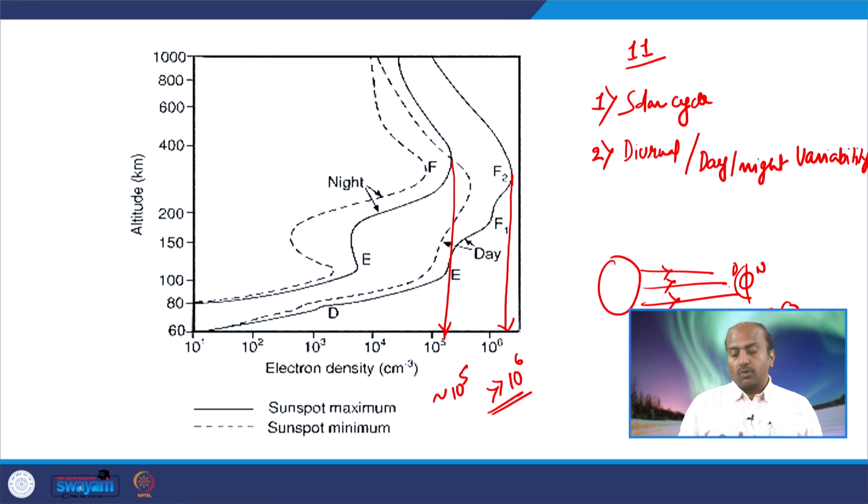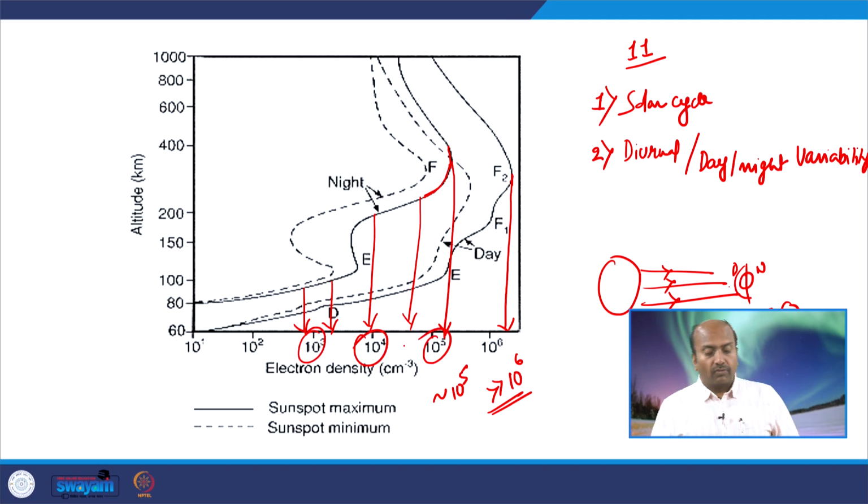So now the obvious question which should have come to your mind is: during the night time there is no sunlight, so why is there ionosphere during the night time? Even if you take this curve, any intercept at any height onto the x-axis will give you positive values of electron density, which are not very, very small, which are of the order of 10 to the power of 3, 10 to the power of 4 electrons per unit volume.